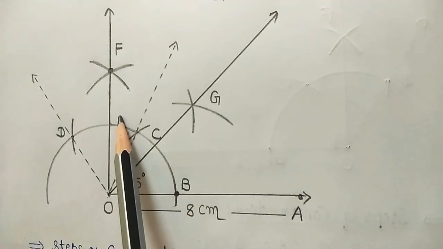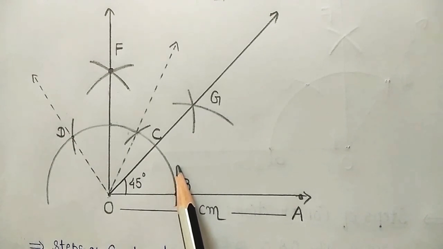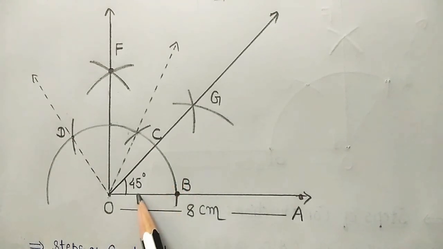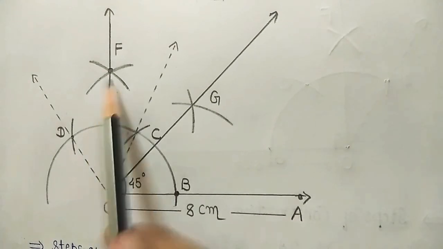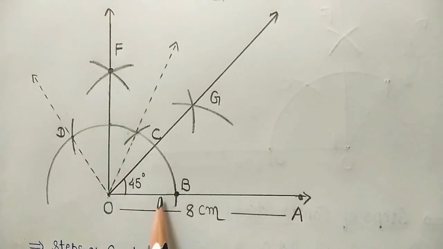So this is 30 and 60 is equal to 90 degree. As I said, 45 degree is equal to half of 90 degree. So the 90 degree angle is which angle? AOF. So half of it, the bisector. So we have made a bisector which makes two equal parts. Therefore angle AOG is equal to 45 degree because it is half of angle AOF.